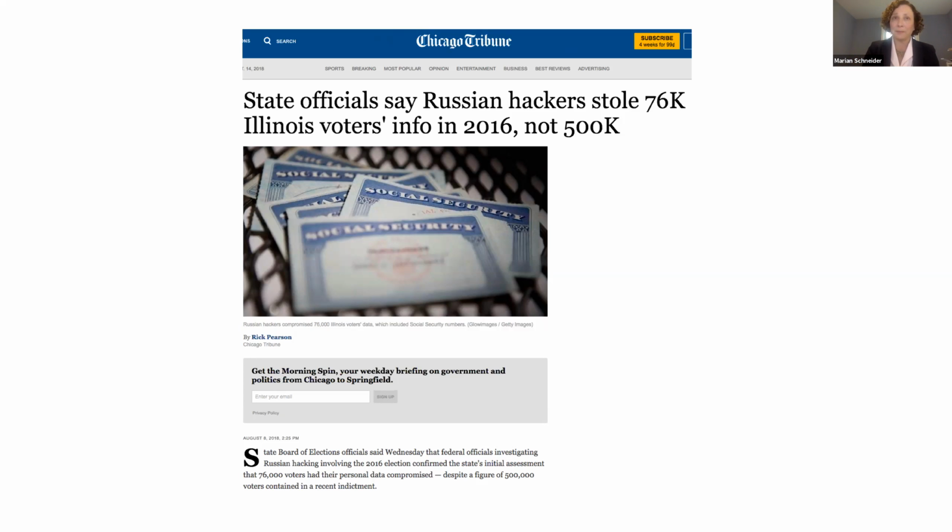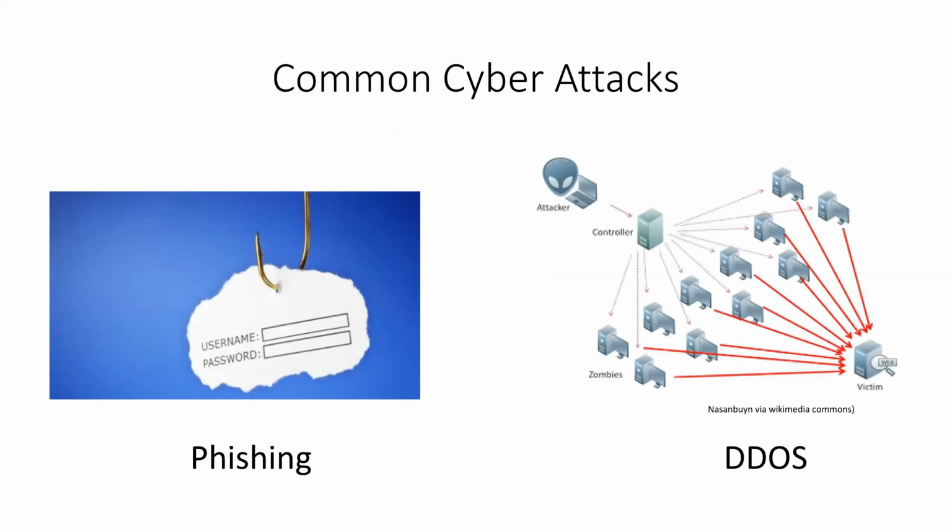So the most common cyber attacks are phishing attacks, where somebody attempts to get control of someone's username and password, or a distributed denial of service attack, where they just bombard a website with a heavy load, and this is kind of a representation of that, so that it locks up and freezes.